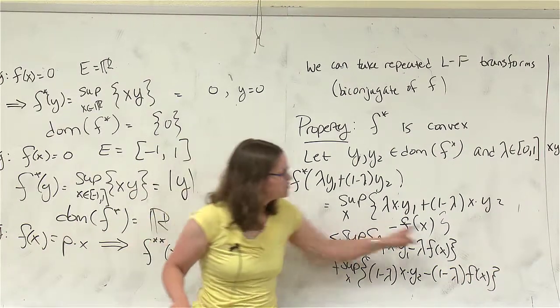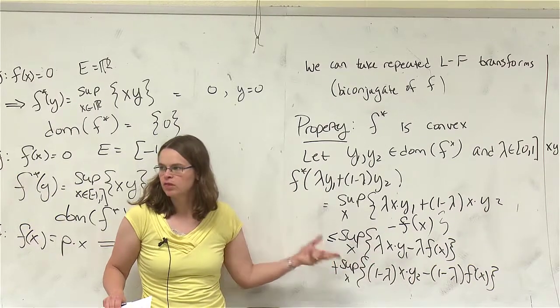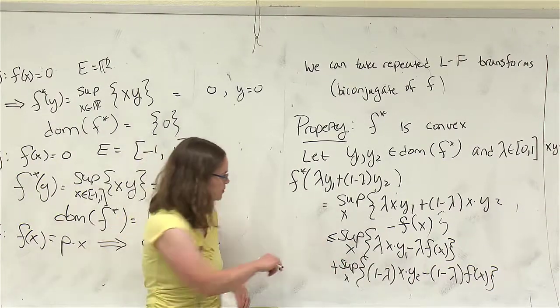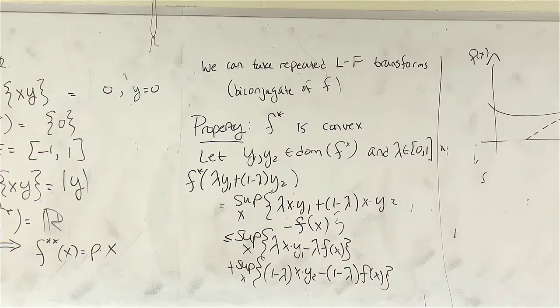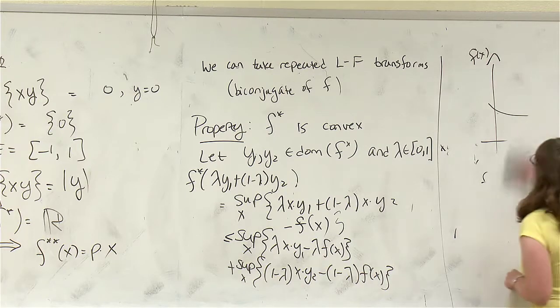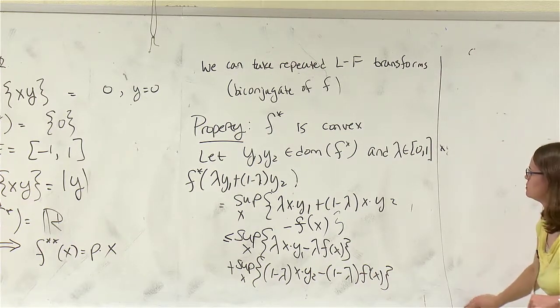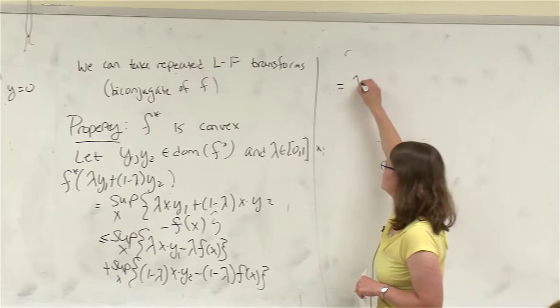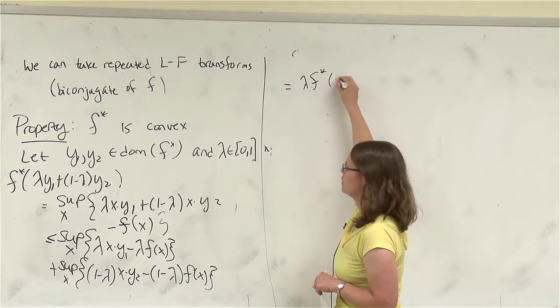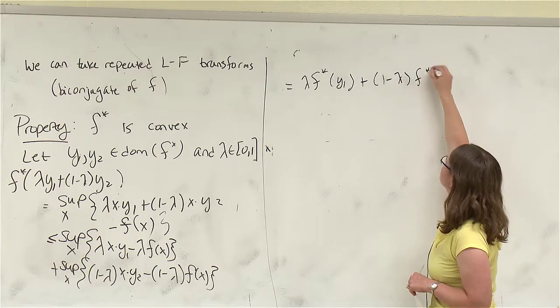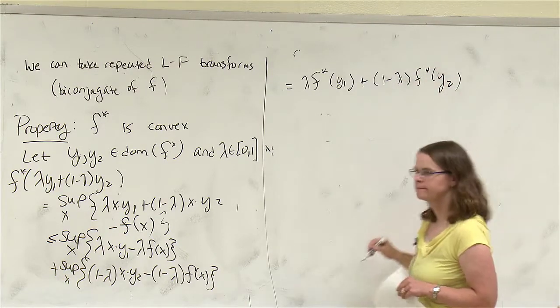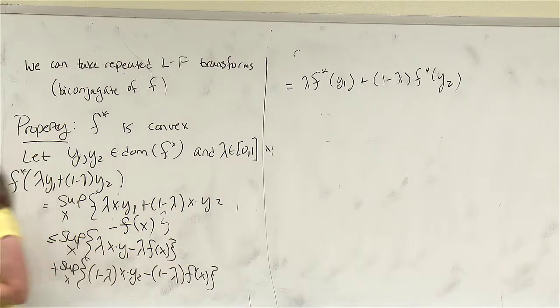Now each of these looks like a Legendre transform, scaled by lambda or 1 minus lambda. So this is nothing but lambda times f star of y1 plus 1 minus lambda times f star of y2. And that's convexity.